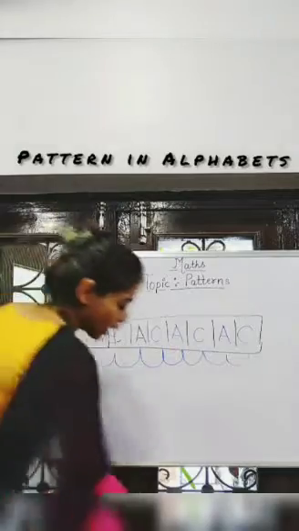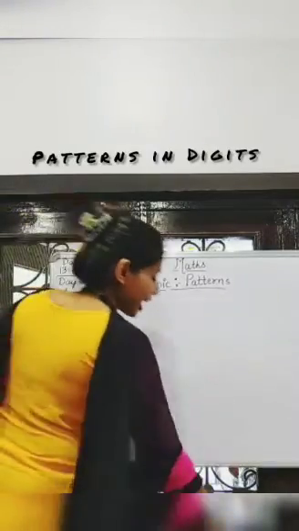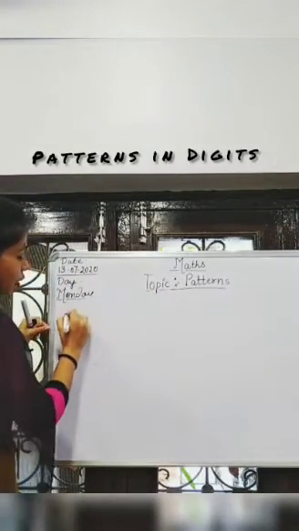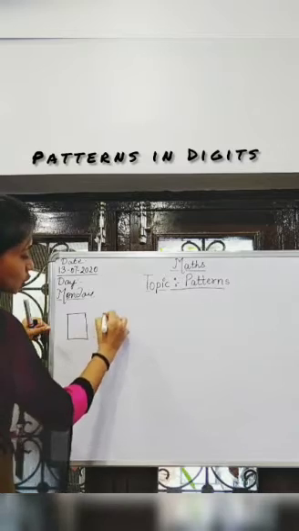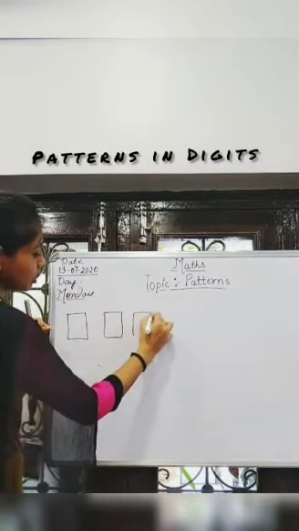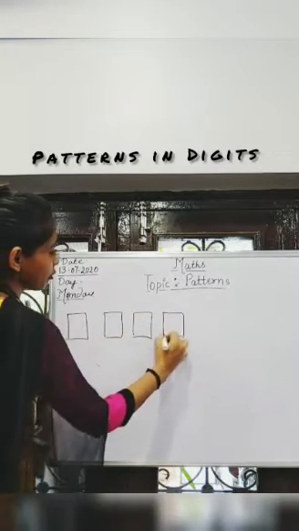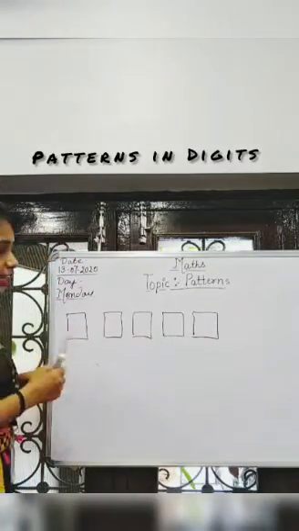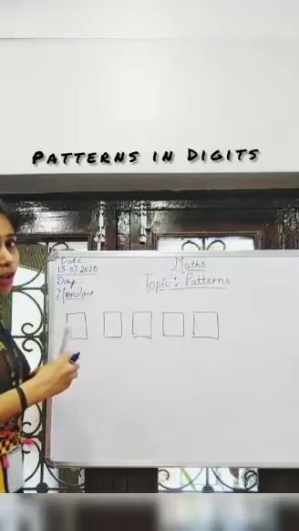Now I am going to tell you about patterns with the help of flashcards also. Okay kids, now as you can see here, I have drawn 1, 2, 3, 4, 5 flashcards, and on each flashcard there is an increasing number of circles.